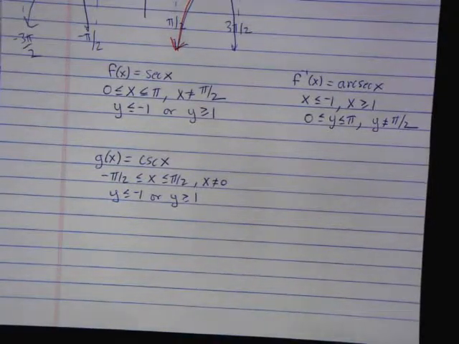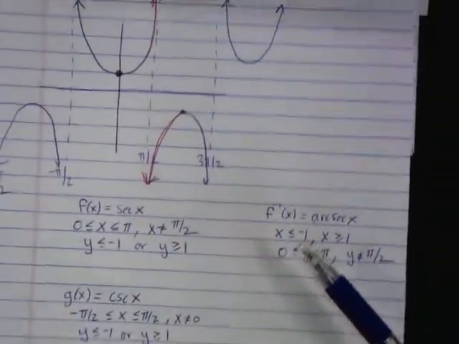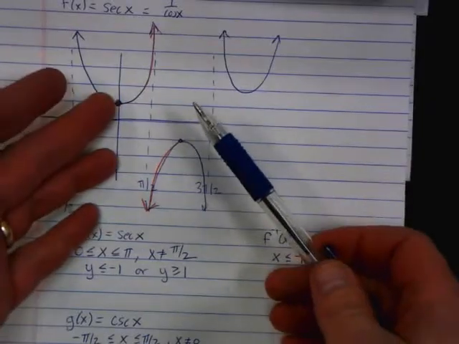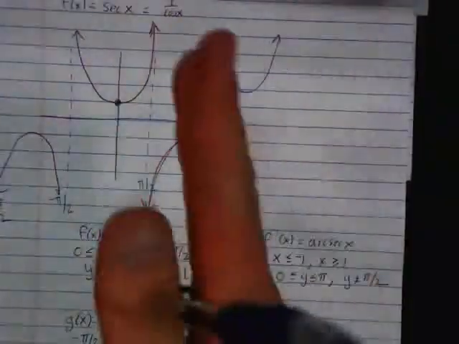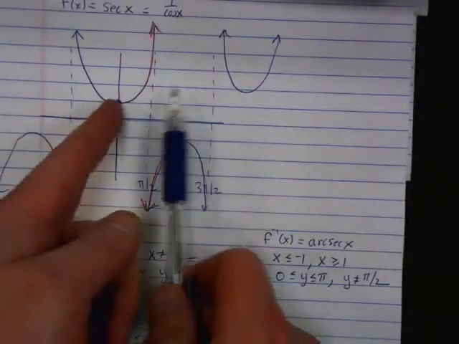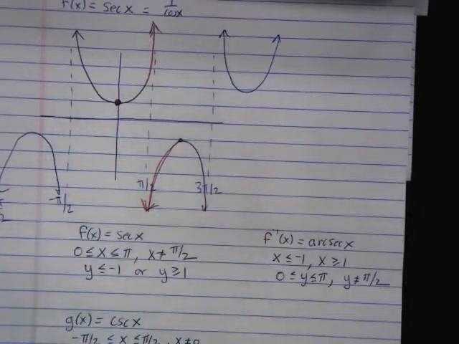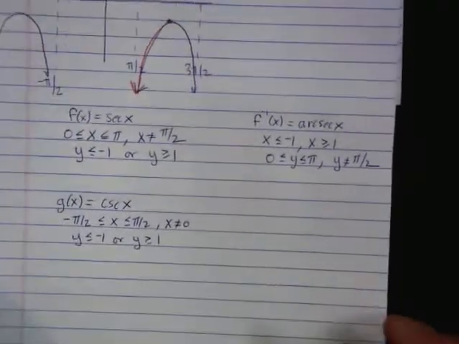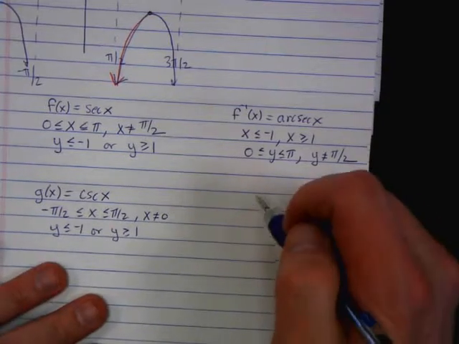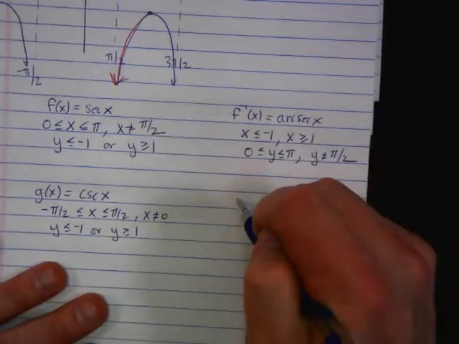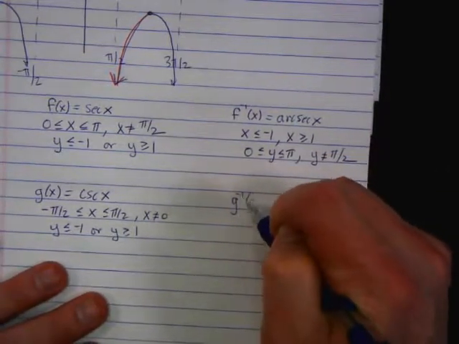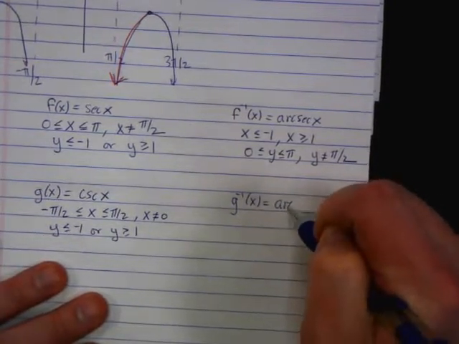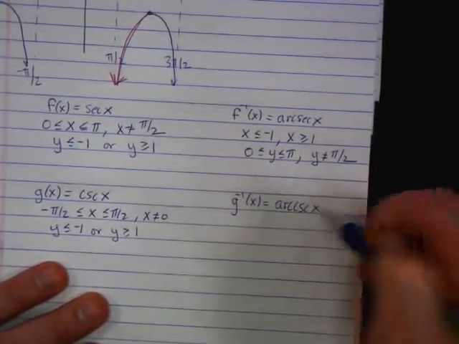Because the secant graph and the cosecant graph have really the same pictures. Again, they're just shifted. So you're going to have the same y values. They're just going to be moved over more and moved over more, that's all. All right, so to talk about our arc cosecant, G inverse of x is arc cosecant x.